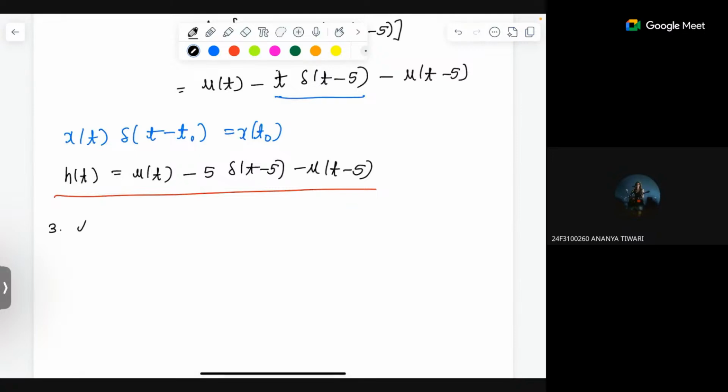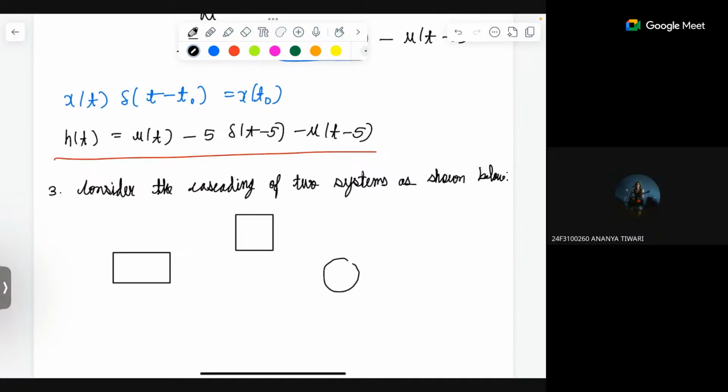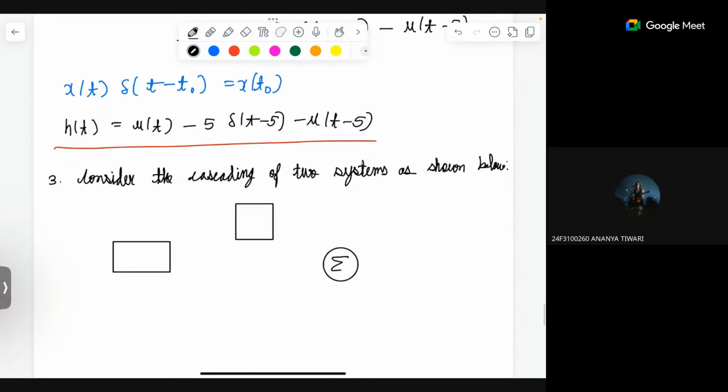I'll just write down the question. Consider the cascading of two systems as shown below. This signal over here, I'm calling w(t).